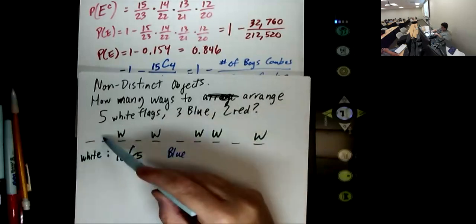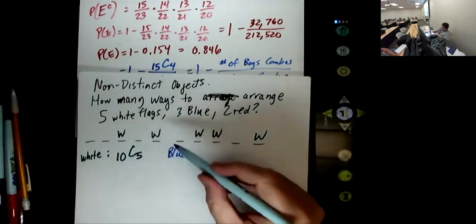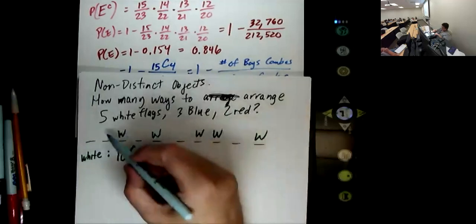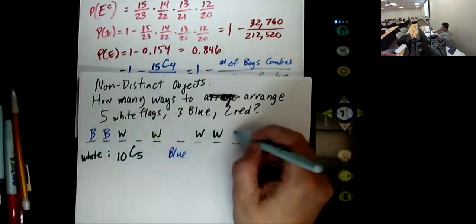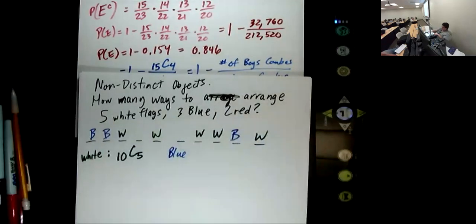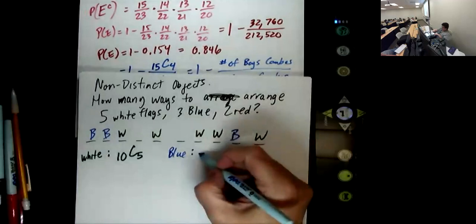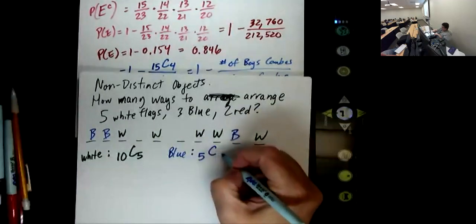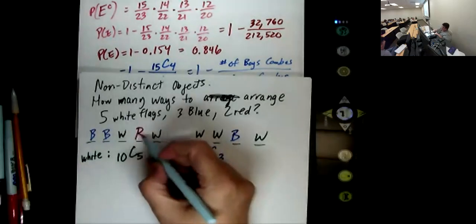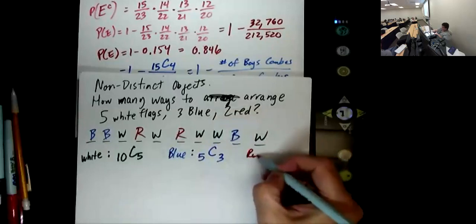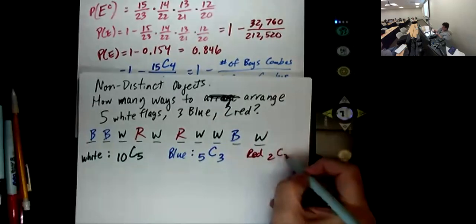I've got 1, 2, 3, 4, 5 spots left. And I'm going to put in 3 blues. Let's throw a blue there. First 2 are going to be blue, and that one's going to be a blue. I had 5 spots to choose blues, and I only chose 3 spots. Out of 5 spots, I chose 3. Red, I've got 2 red flags, and I've only got 2 spots left. Red is 2 choose 2.